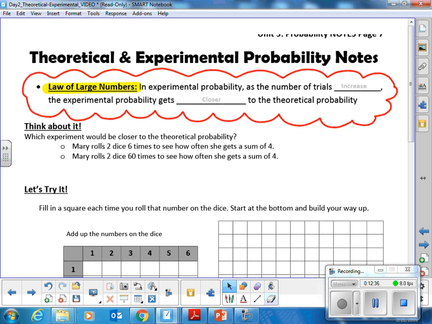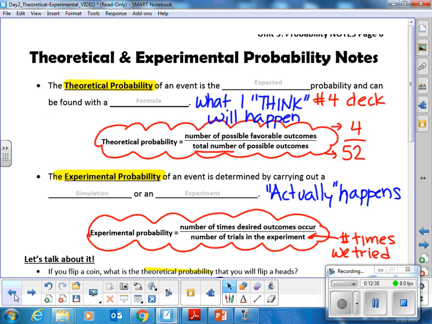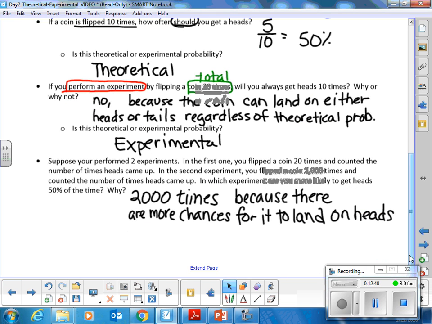So if we go back to that question about which one, 20 times or 2,000 times, 20 times is a very small amount, so the chances of it getting 50% are very small. But if I do it 2,000 times, the more times I'm flipping the coin, the closer I'm going to get to the theoretical, which is 50% of the time. So that's what that law is saying.